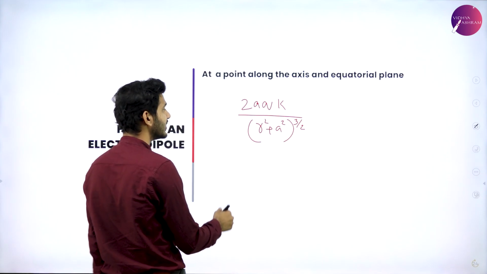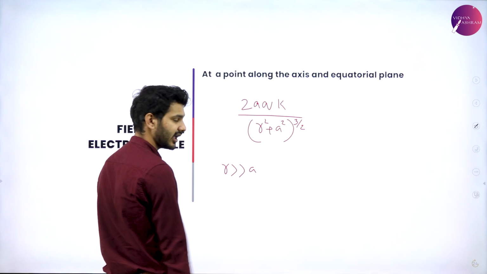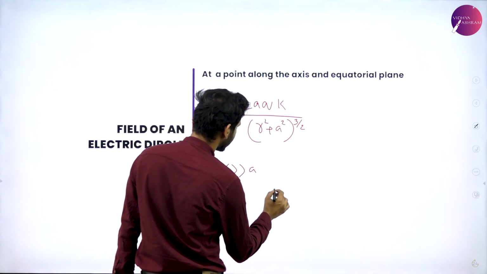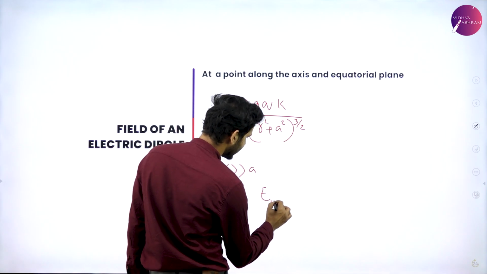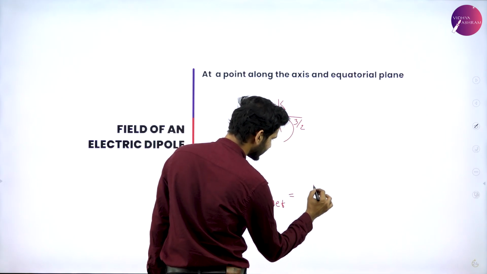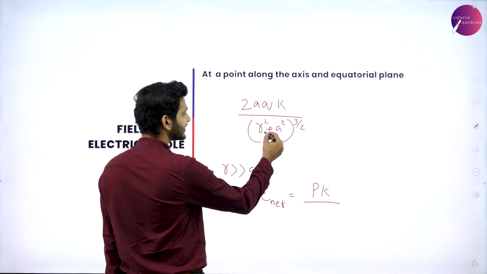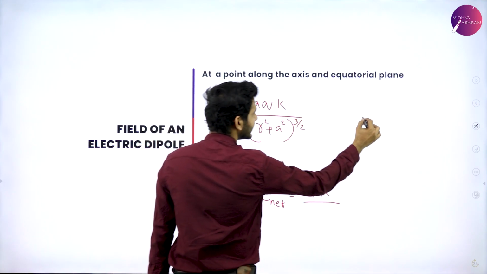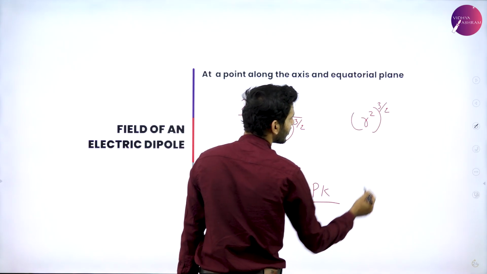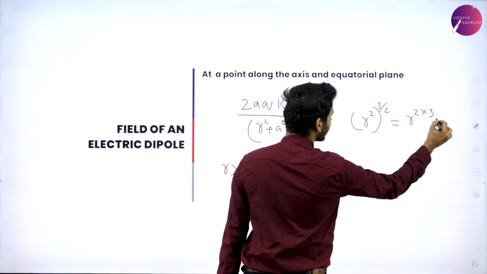And now here we took the consideration that r being very much greater than a, or a being very much less than r, we can directly write that E net is equal to 2aq, which is nothing but pk, divided by r square whole raised to 3 by 2, which is nothing but r raised to 2 into 3 divided by 2.